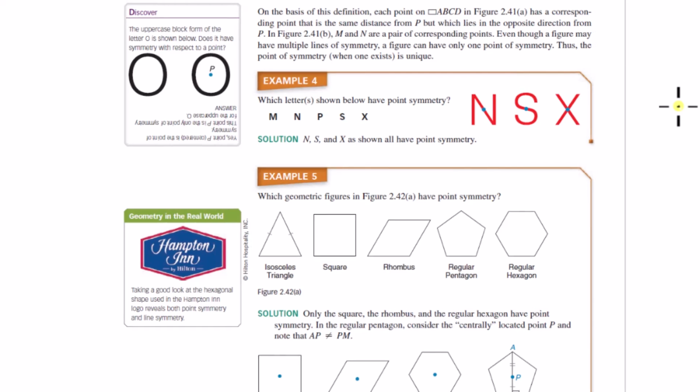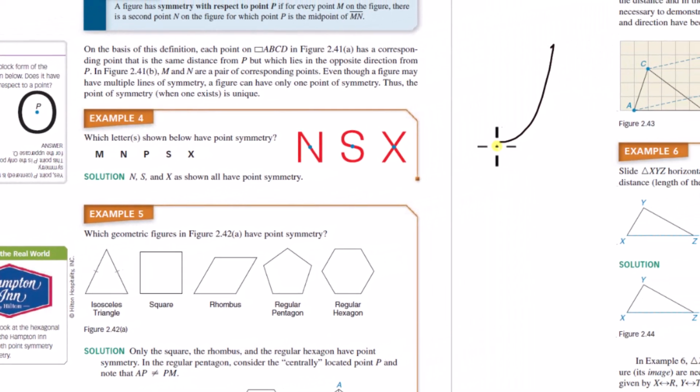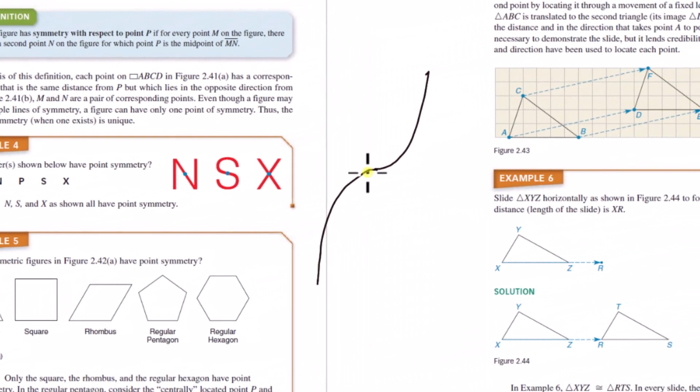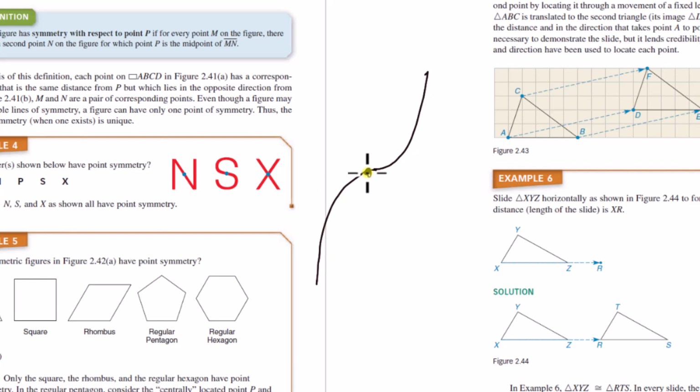A shape like this is symmetric with respect to this point, it passes that straight line, but it doesn't have any symmetry with respect to an axis. So I've just answered that question. No, not necessarily. Symmetry about a point doesn't imply that there has to be symmetry about an axis.